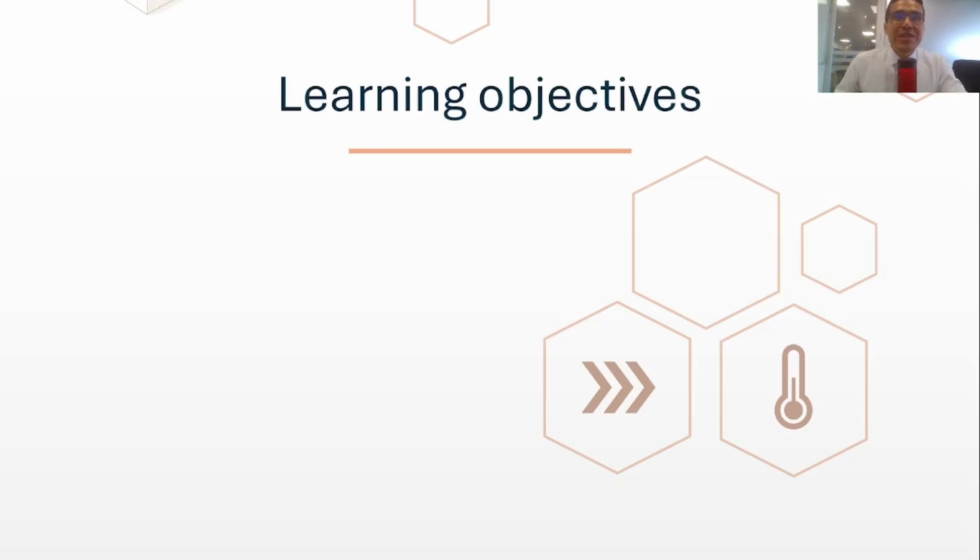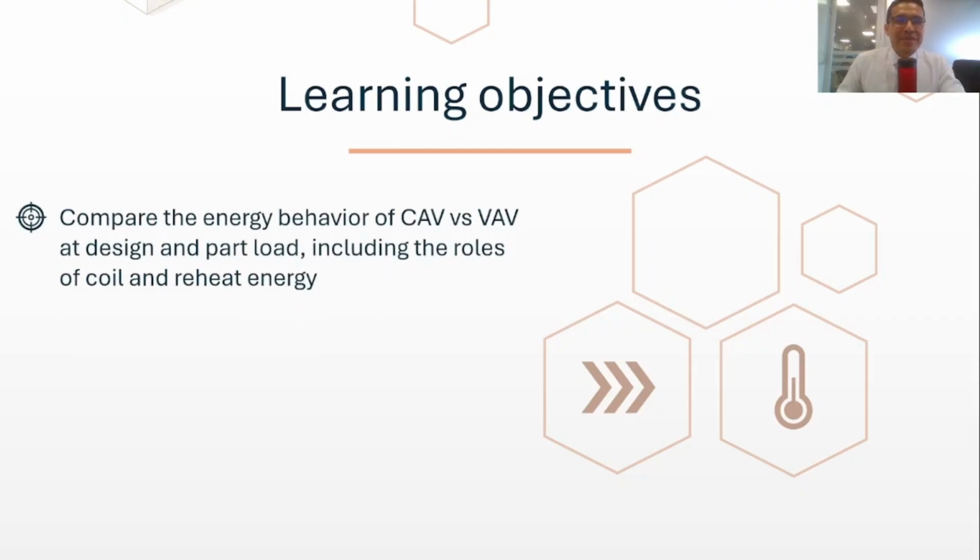By the end of this video, you are going to be able to compare how CAV and VAV respond to part load and what that means for coil and reheat energy.